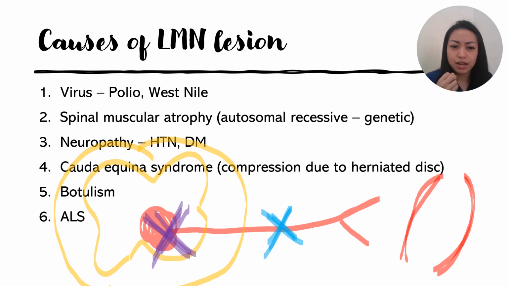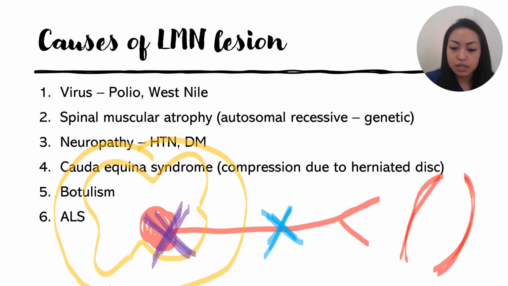Or if you have something called cauda equina syndrome, which is the compression of the cauda equina due to a herniated disc. If you're compressing those nerves, you're damaging their axons. So neuropathy and cauda equina syndrome are going to damage the axons of the lower motor neurons. Okay?